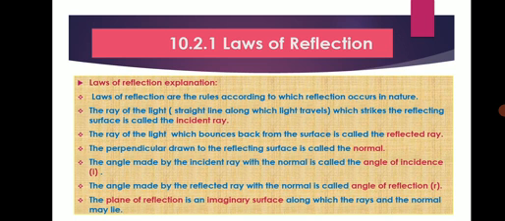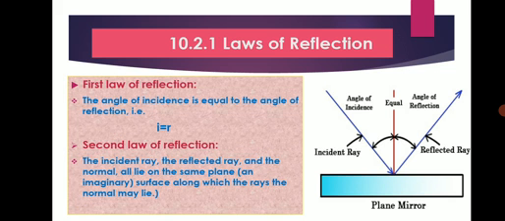Then after the normal, we have the angle of incidence and the angle of reflection. Here in this diagram, you can see the incident ray and the reflected ray. Both rays are making some kind of angle with the normal. This red line which I am showing you is the normal, and this is our incident ray, whereas this is our reflected ray.